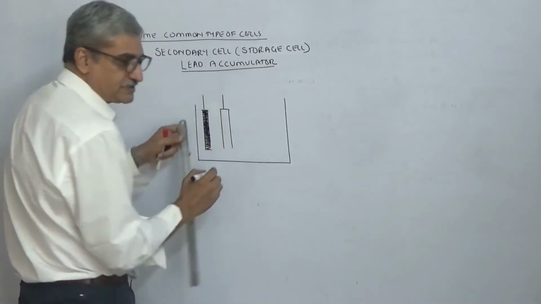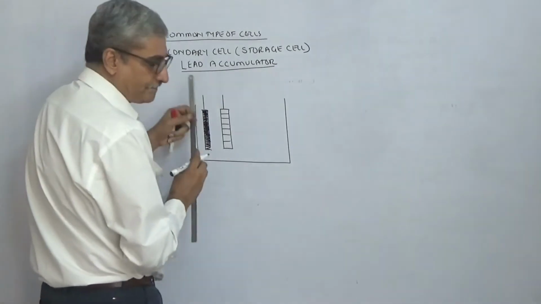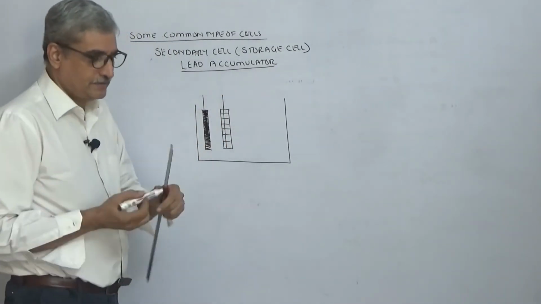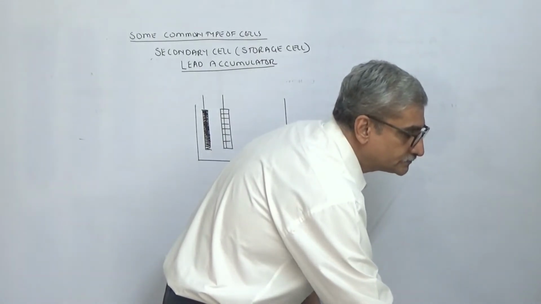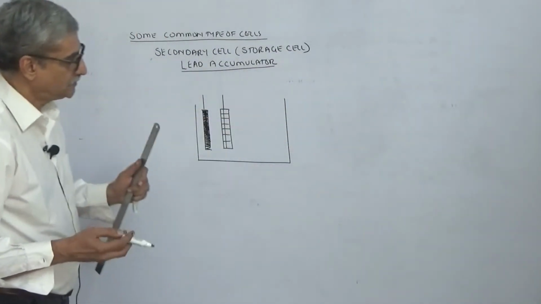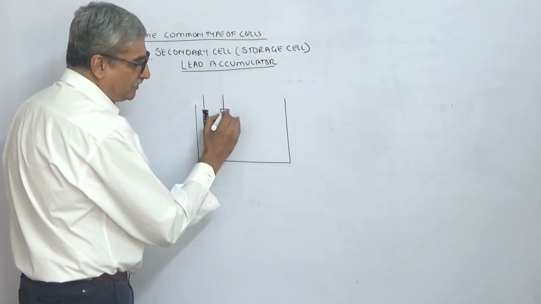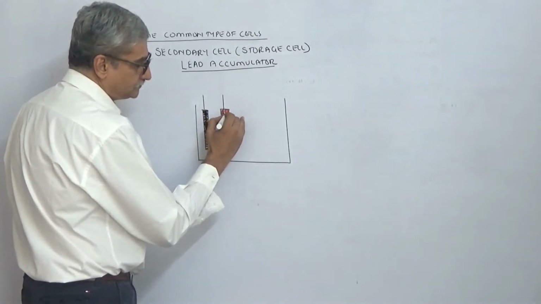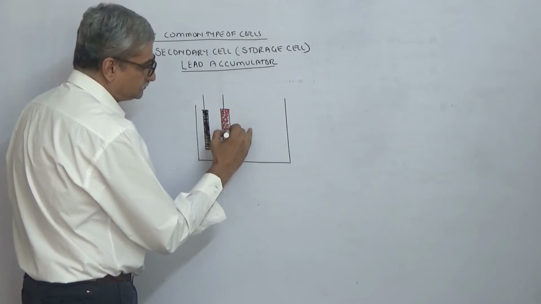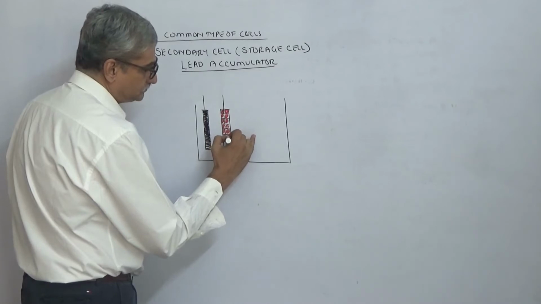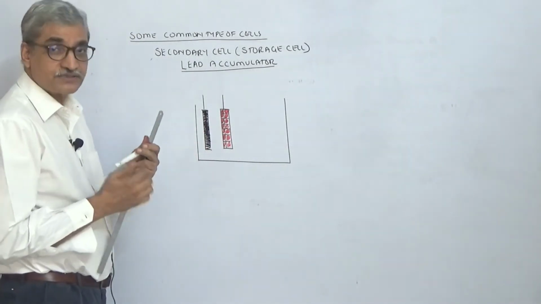I hope you understand what a mesh is. So this will be a lead mesh in which we have filled lead oxide. So this together is called one plate.